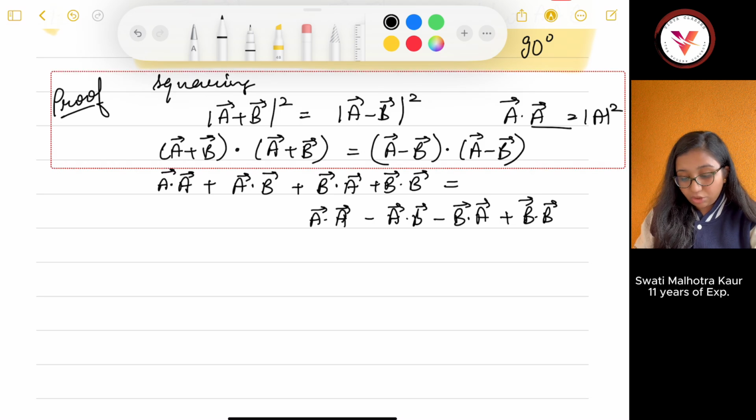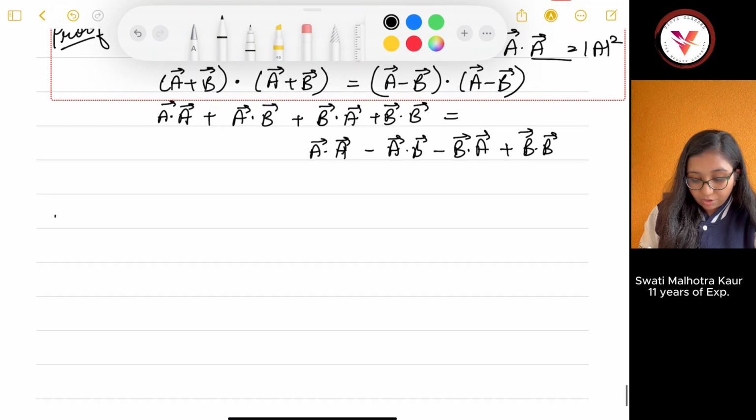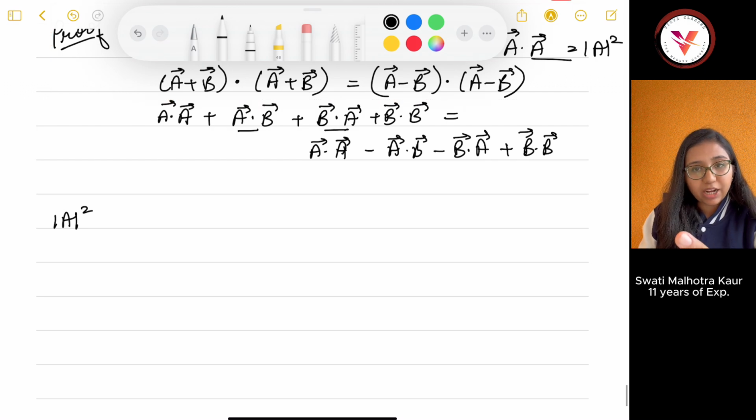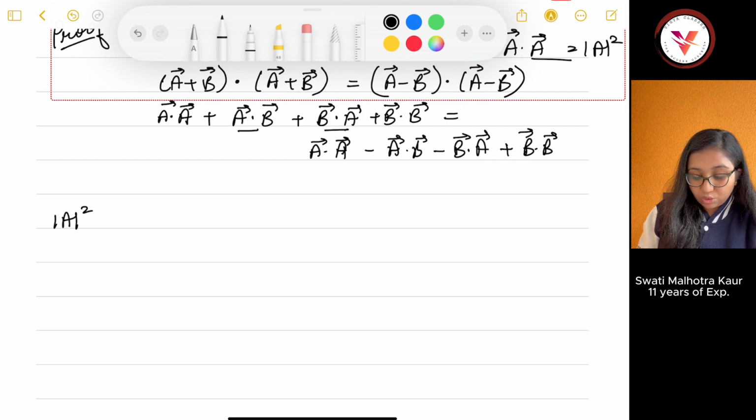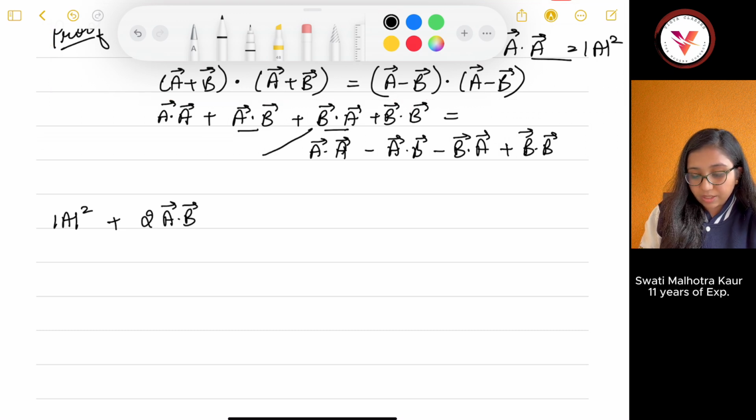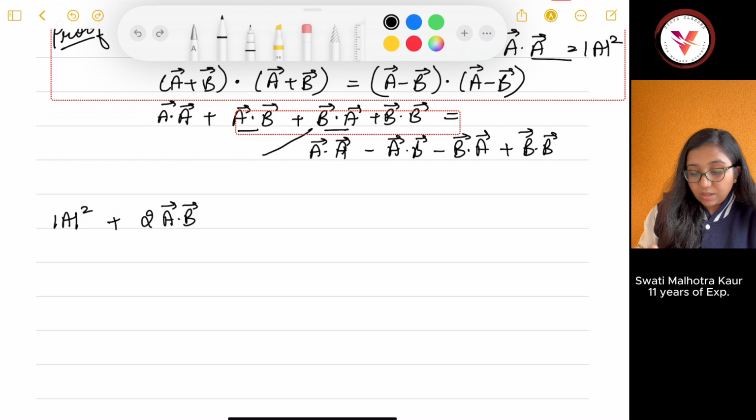Okay, now this A dot A can be written as what? Magnitude of A square. A dot B, B dot A. B dot A can be written as A dot B because they are commutative. So A dot B becomes twice of A dot B. Right, because this can be written as A dot B as per commutative, which we have discussed earlier. And this becomes magnitude of B whole square.